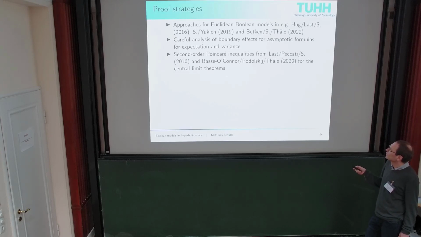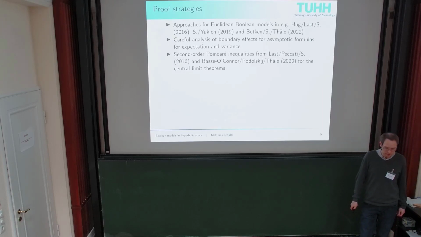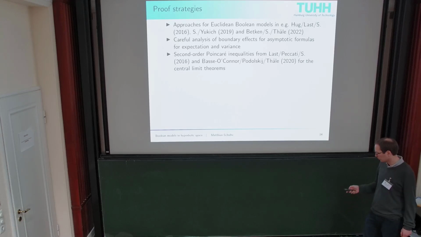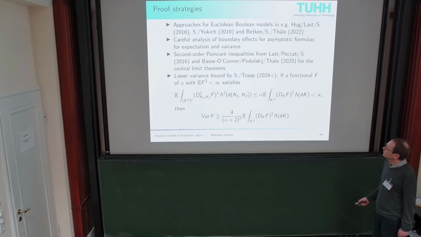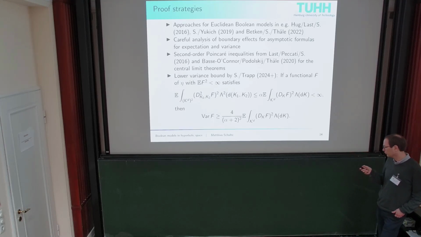Then central limit theorems can be shown by applying second order Poincaré inequalities as in the Euclidean case. And then let me show you some further ingredient for our proofs.